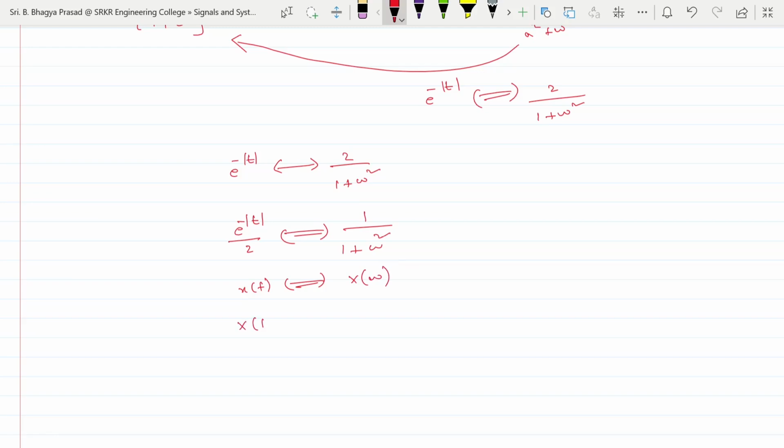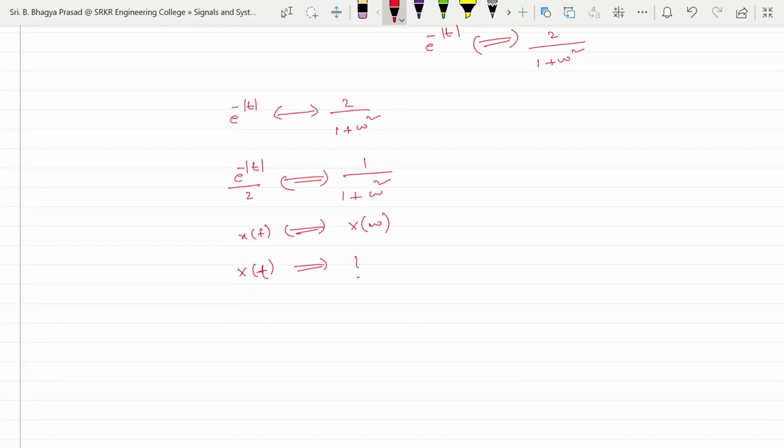For x of t equal to 1 by 1 plus t square, the Fourier transform will be 2 pi x of minus omega, that is 2 pi by 2 e power minus mod omega.